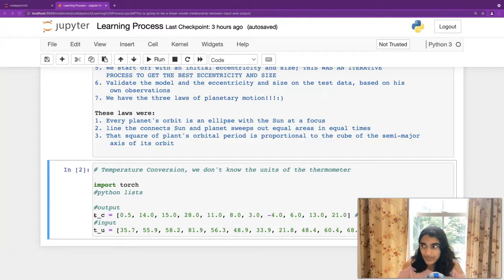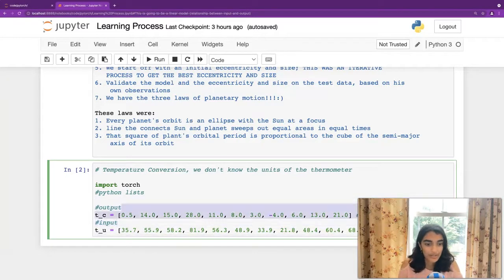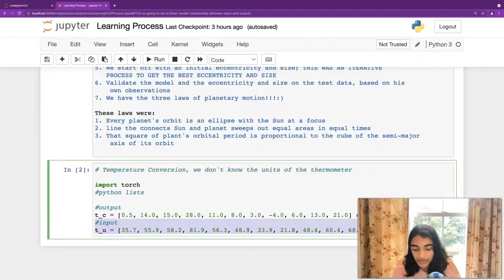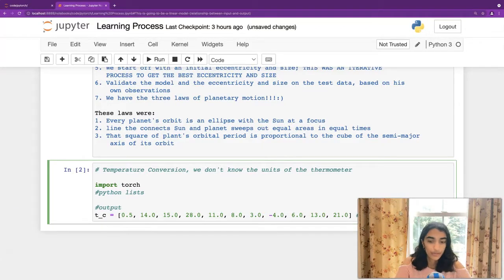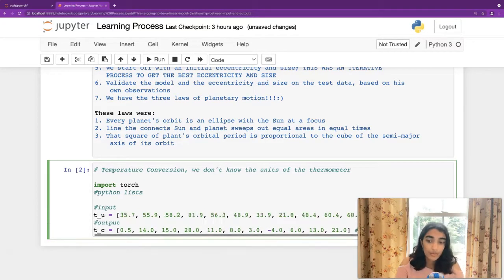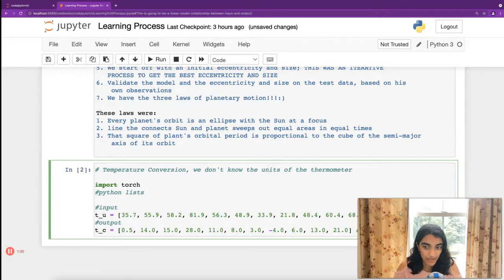Okay? And the only problem that we have right now is that our readings are in an unknown unit. We don't know what units we are recording our temperature in. So we might as well just put the input first and then the output. Okay, and we do have some additional information though.